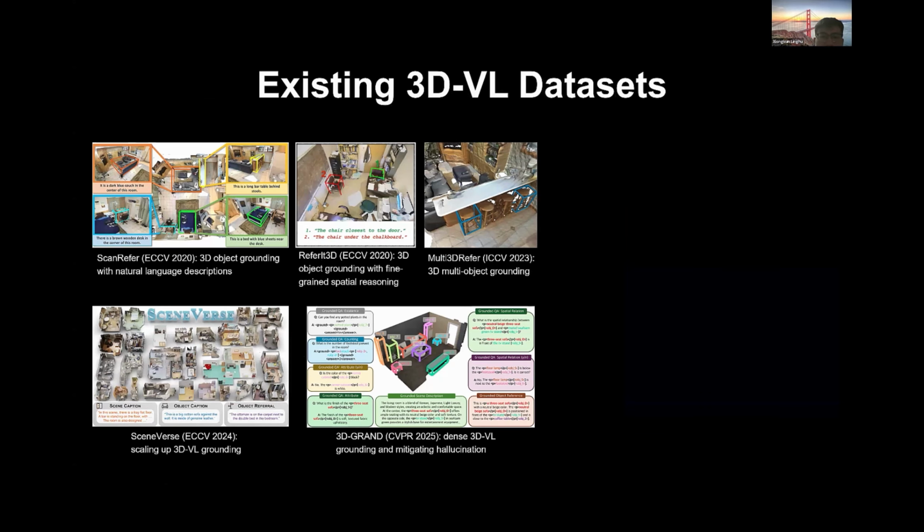Recently, there are many 3D VL datasets. In the first row, I show some datasets for 3D visual grounding, such as ScanRefer, Ref3D, and Multi3DRefer. And in the second row, I show some typical 3D vision language datasets such as Inverse.